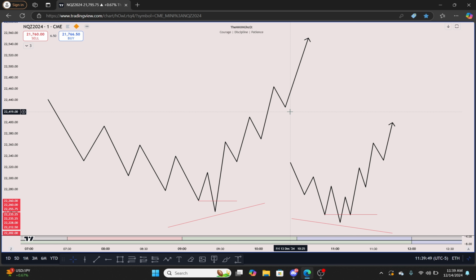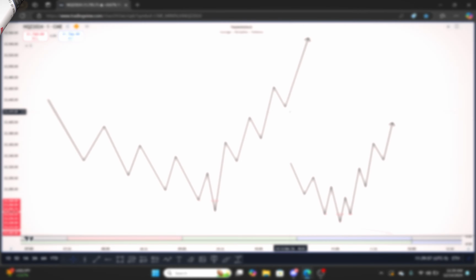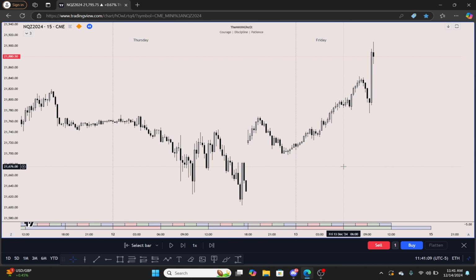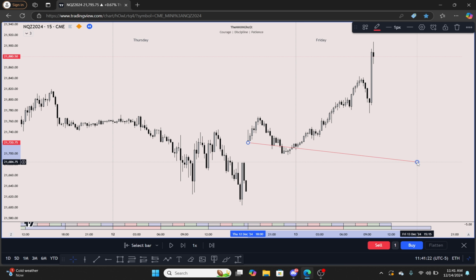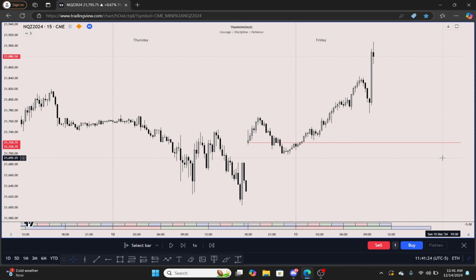So let's go jump on the real-time chart for December 13th, 2024, which was last Friday. Okay, so looking here at December 13th, we can see we had a pretty defined new day opening gap.